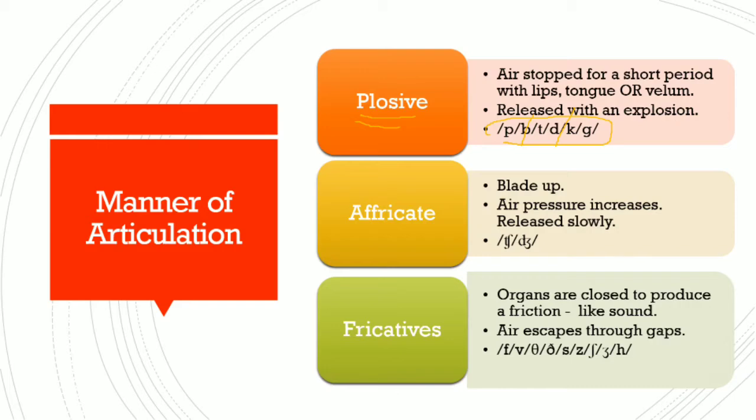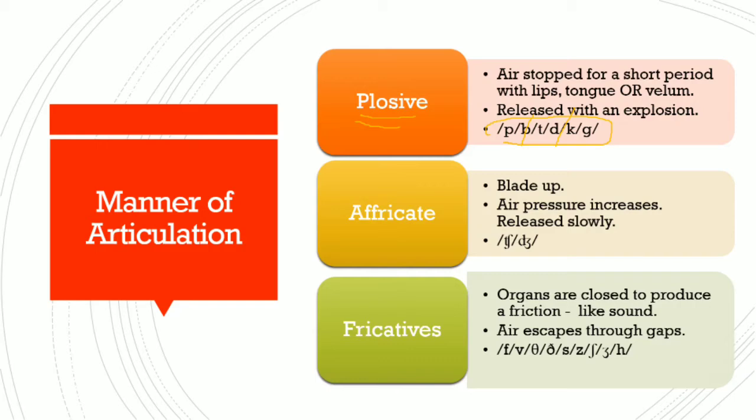T and d have another explosion, but it is produced in another place, with the tip or the blade of your tongue touching the alveolar ridge. And with k and g, the explosion is at the velum, at the back, but there is an explosion. So these consonants are plosive.